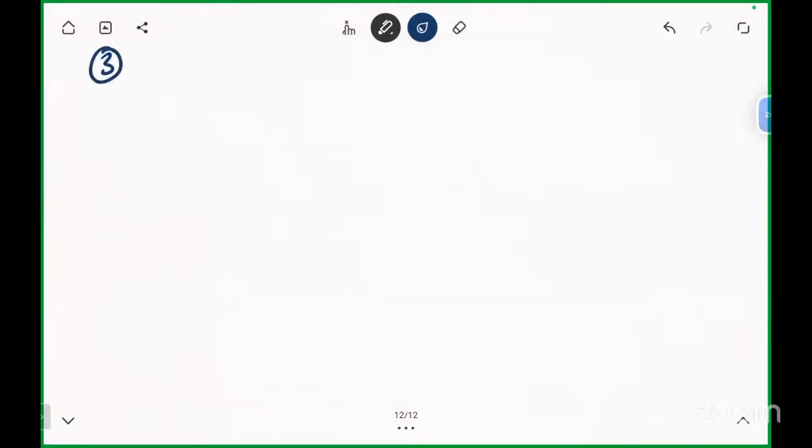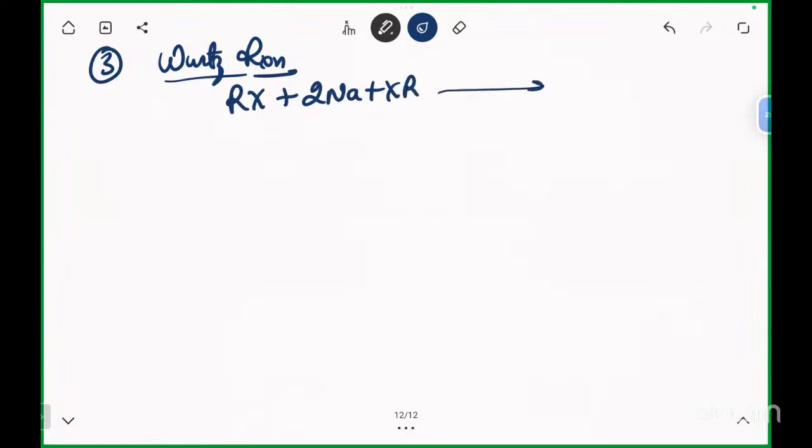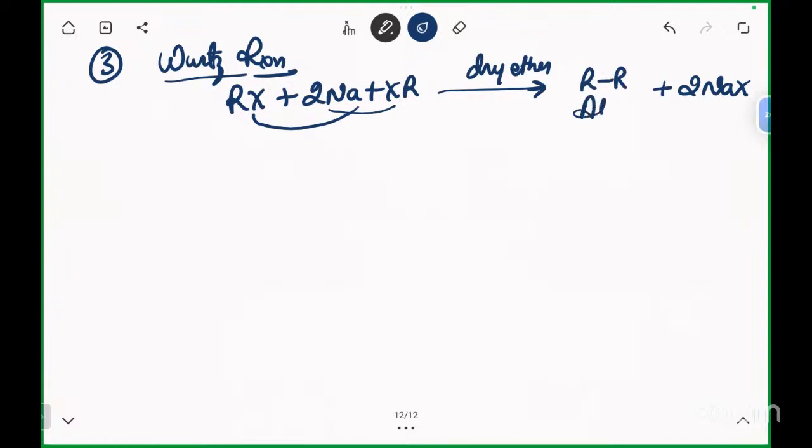Third method we'll use is Wurtz reaction. The basic is RX plus 2Na plus XR in the presence of dry ether. See, one Na will take one X, one Na will take one X. So it will give out two molecules of NaX along with R-R, that is called alkane.